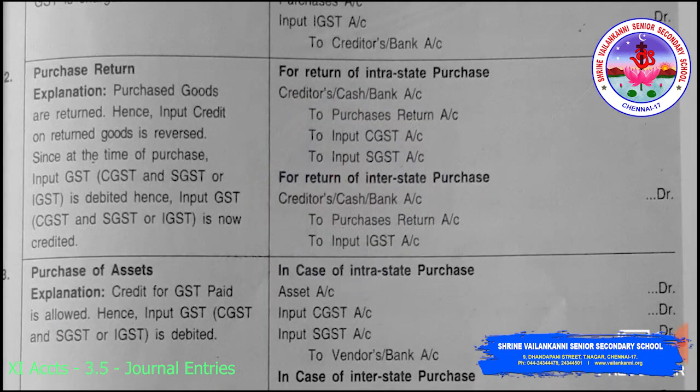So creditors or cash or bank account to purchase return account, input CGST account, input SGST account. Then for return of interstate purchase, you have creditors, cash, bank account to purchase return account to input IGST account.